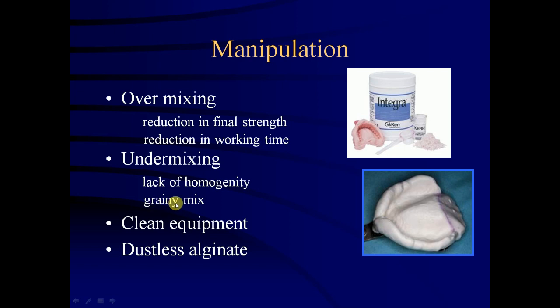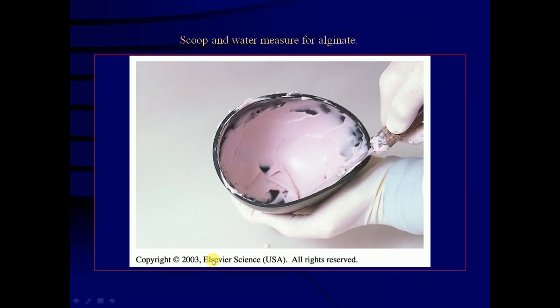So your equipment should be clean, and try to use dustless alginate. Now you have to take measured powder with a measured amount of water and mix it in a figure of 8 with the help of the spatula around the walls.